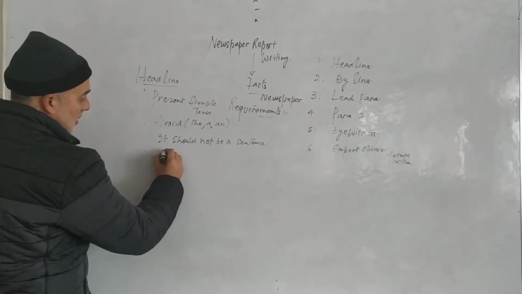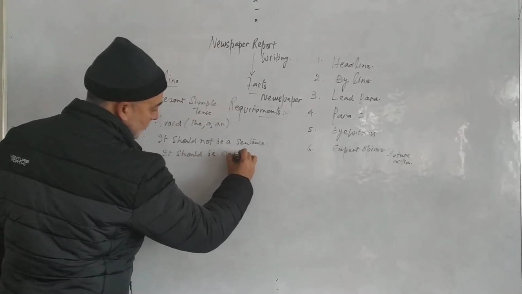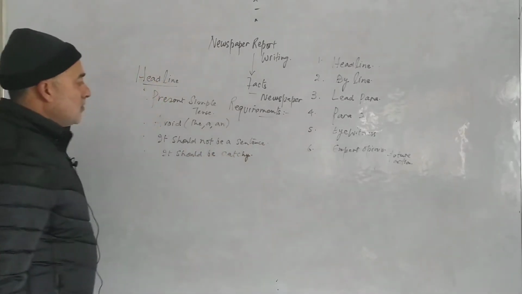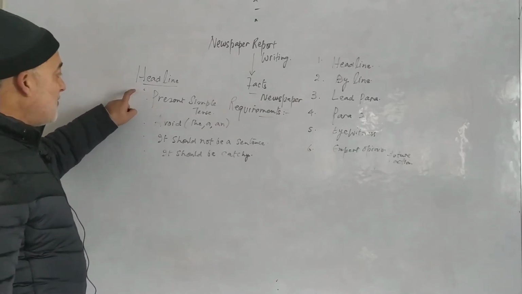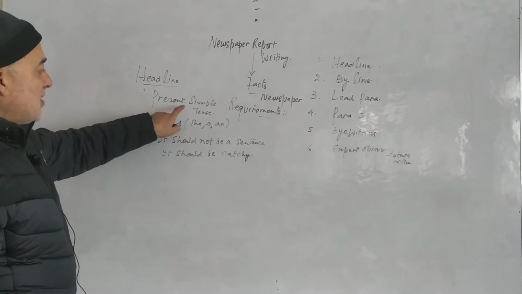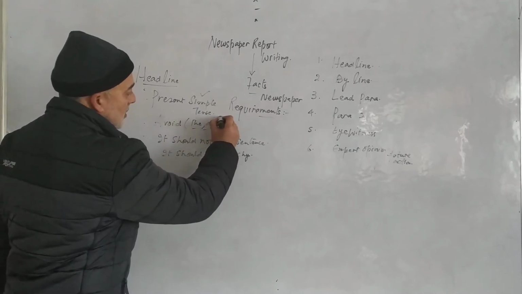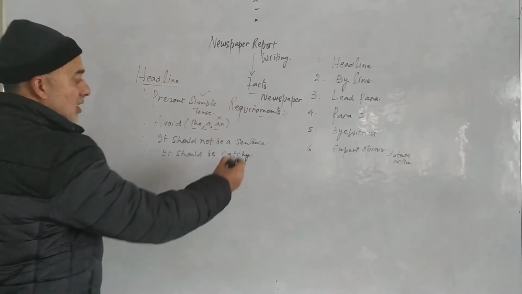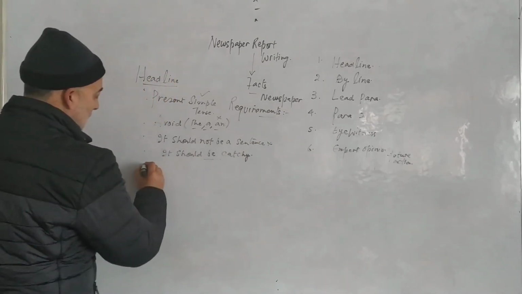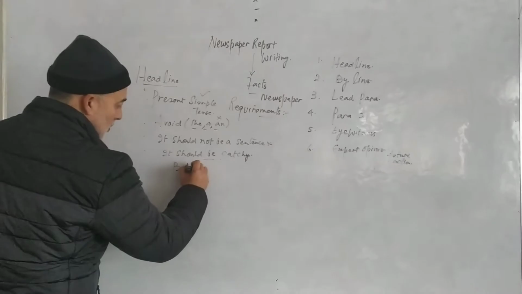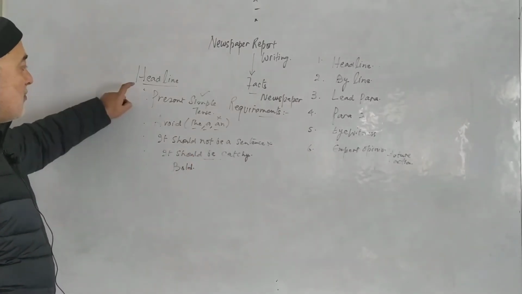Next, it should be catchy. So these are the requirements that we have to take care of while drafting a news headline. Present simple tense is to be used. A, an or the is to be avoided. It should not be a sentence, and then it should be catchy and bold. So these are the 5 basic requirements of a news headline.